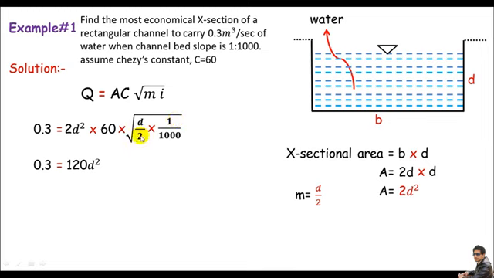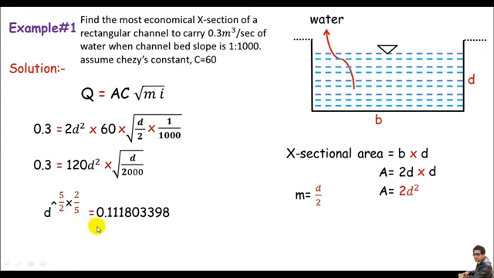We can multiply the depth D with 1 over 2 times 1000, so we get the square root of D divided by 2000. This is simple maths. Simplifying a little more, we can get D to the power 5 by 2 equals 0.1118 and so on. Here I don't need the power as 5 by 2, so I'll multiply the power by 2 by 5.